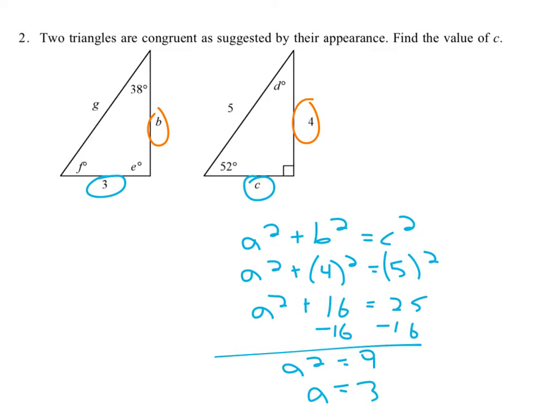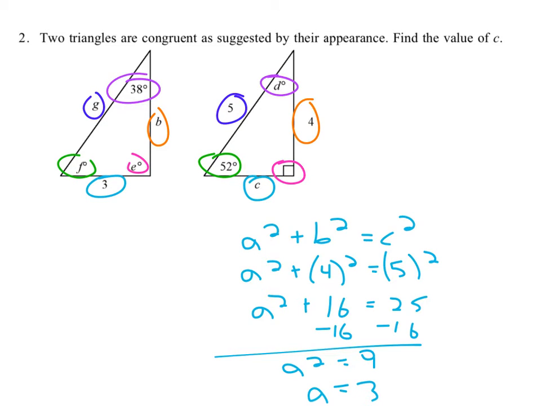Going a little further, just to mark all of the rest of it, we would then know that B is equal to 4 because of that, and we would know that G is equal to 5 because of there, and we would know that F is equal to 52 because of that, and we would know that E was equal to 90 because of that, and what else?